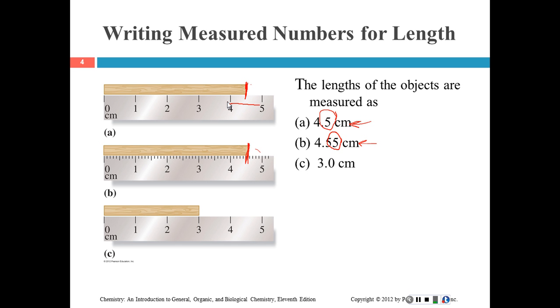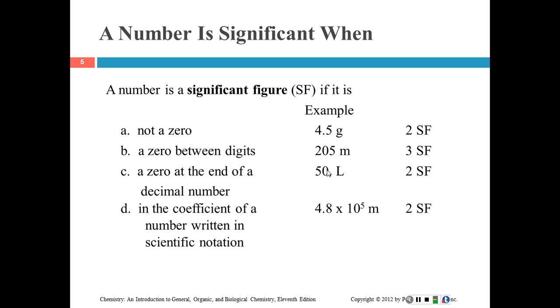It was higher than 4, but not as high as 5. And this last one, it's right on the money, so it's an easy one. So we could say 3.0 because we were sure that it was almost exactly 3.0 centimeters. So we're having to estimate that.